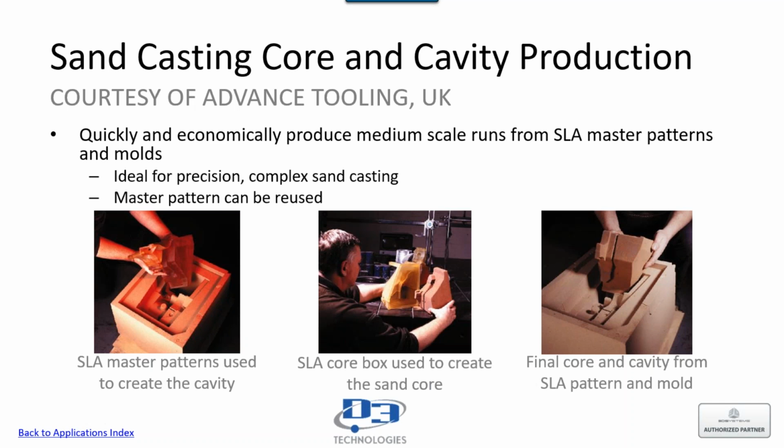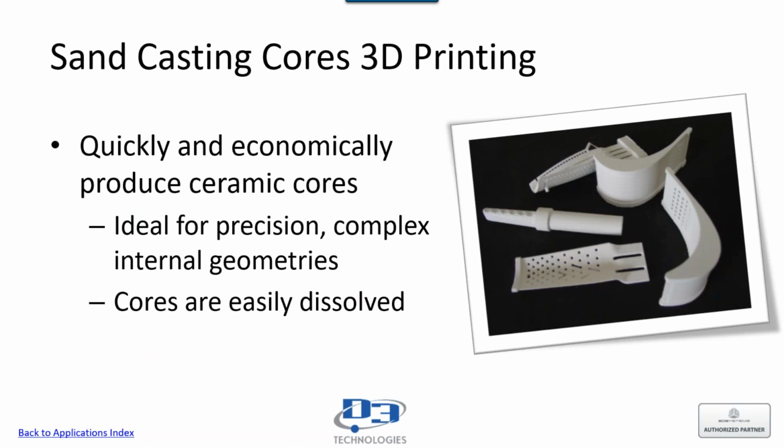And it also gave them a high level of accuracy and detail. Again, sand casting, direct metal printing that we offer also allows you to print directly from ceramic or alumina cores that can be easily dissolved with chemicals.